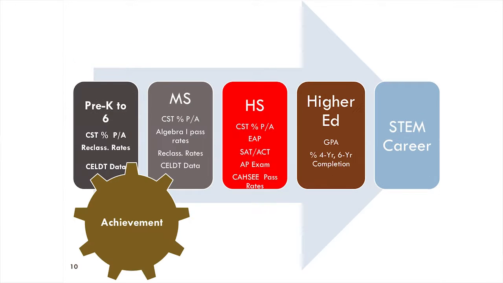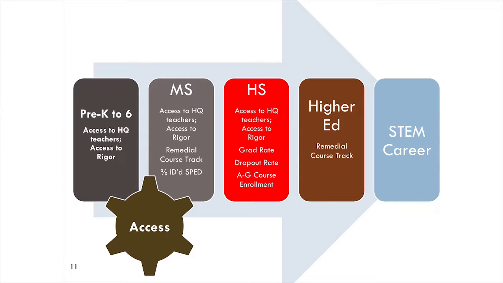So examples of achievement data: CST data, CELT data, pass rates, SAT, ACT exams, AP exams, pass rates, GPAs, and completion rates in high school. Examples of access data include access to high-quality teachers, graduation rates, dropout rates, A through G course enrollment, or remedial course track rates.